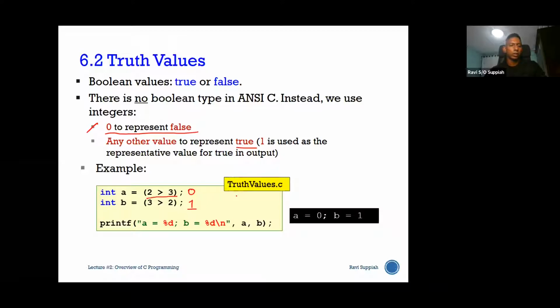Okay, so even though you don't have any particular separate Boolean type in C, you can just assign it to a character variable or integer variable. You can just hold the result of the comparison.